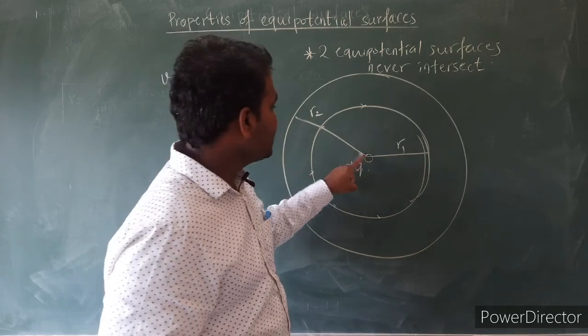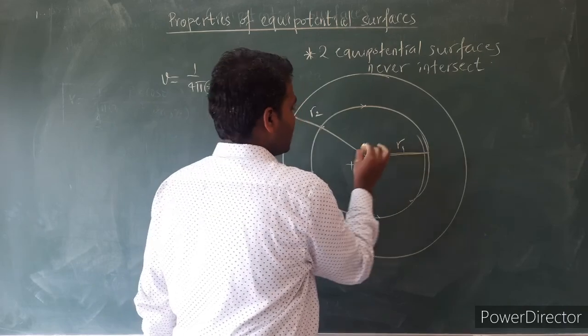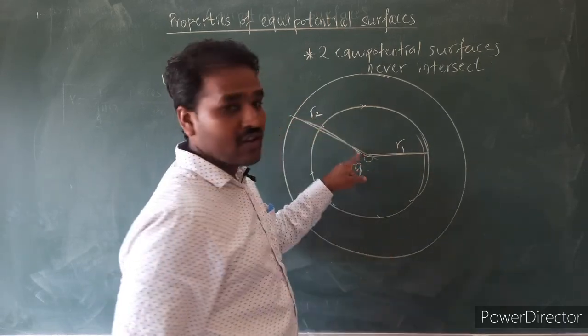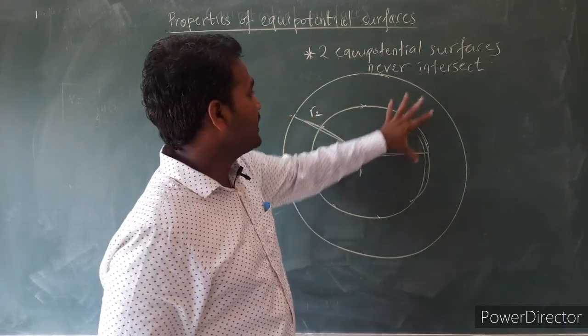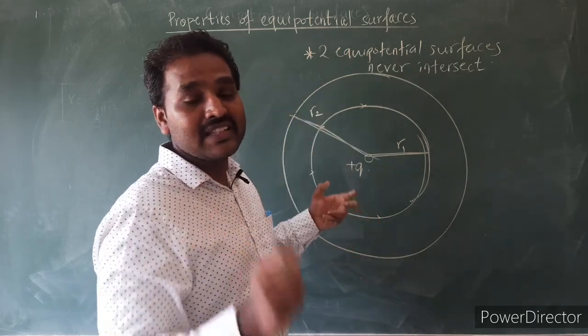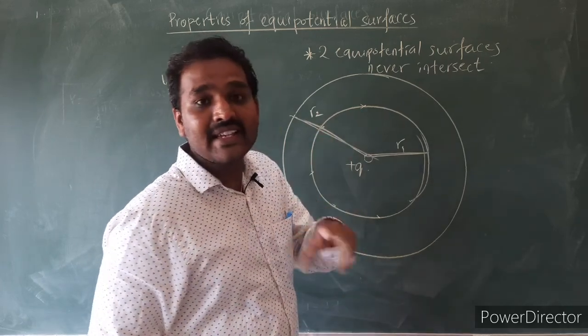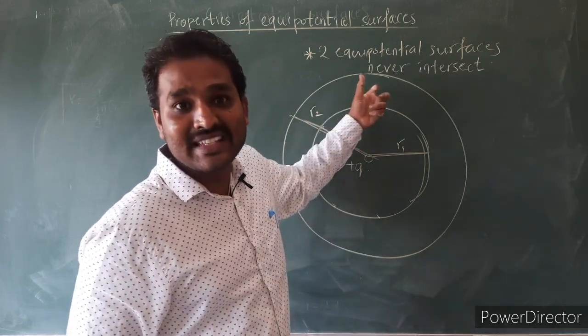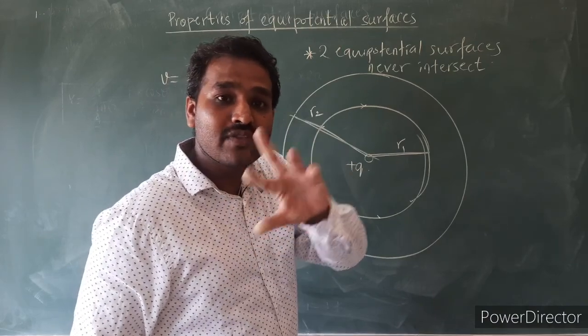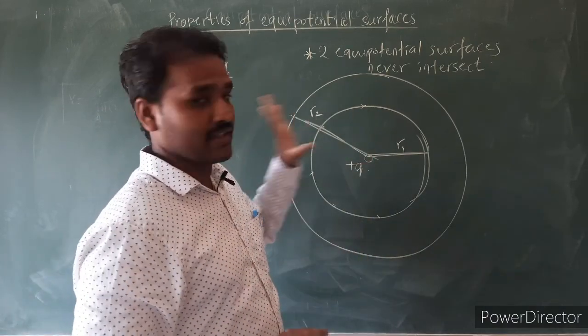When this distance is different, the first surface is at the distance of r1, the second surface is at the distance of r2. So when these two surfaces are at two different distances, definitely they can never intersect each other. If I say these two surfaces are intersecting each other, those are not two different surfaces, that is only one unique surface.